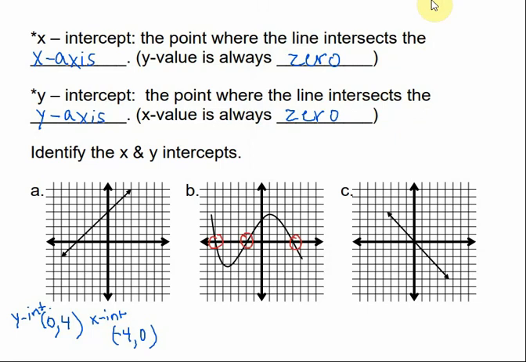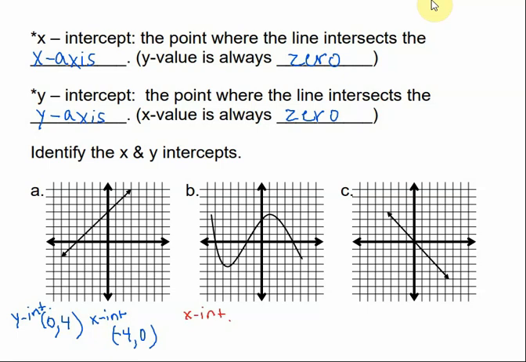Now, you won't be dealing with graphs that have more than one x-intercept because you'll only be dealing with graphs of linear equations. But I put this in here just to show you that there are graphs that have more than one x or y intercept. So B has 3 x-intercepts.